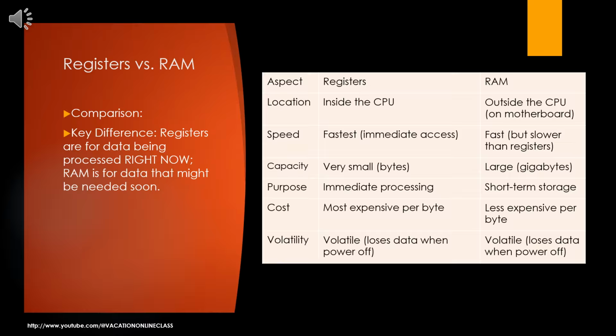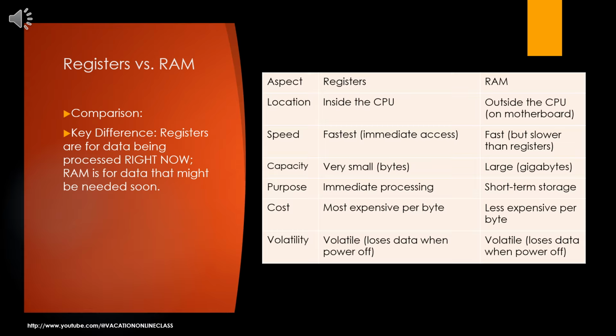There is also a difference in cost. Byte for byte, registers are the most expensive type of memory in your system. However, both are volatile, meaning they both lose their data when the power is turned off.